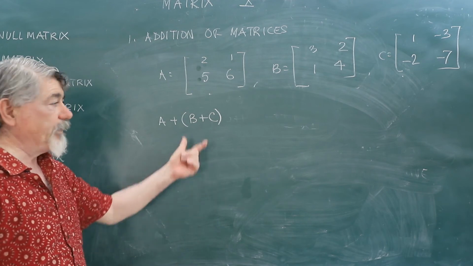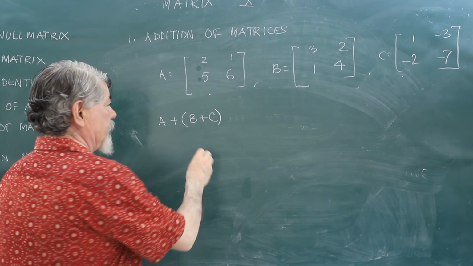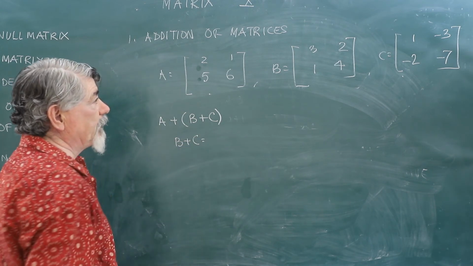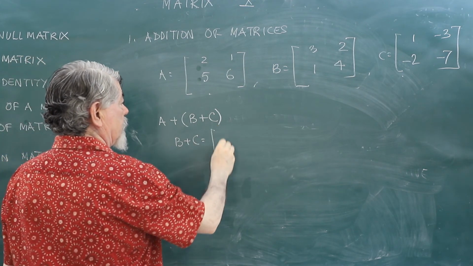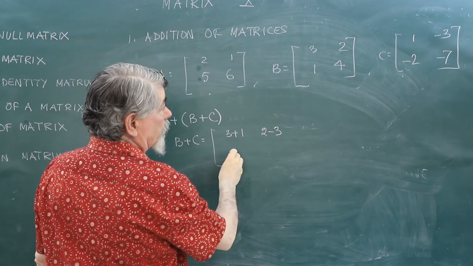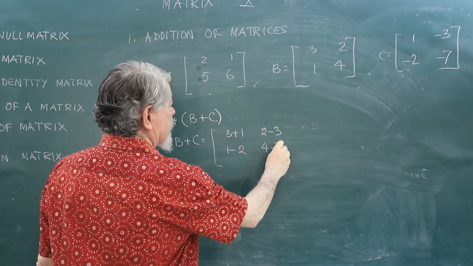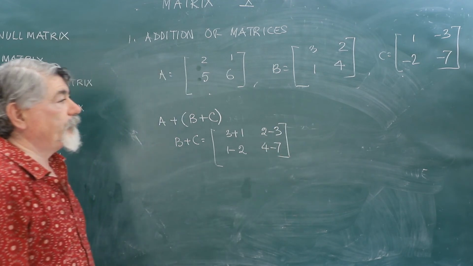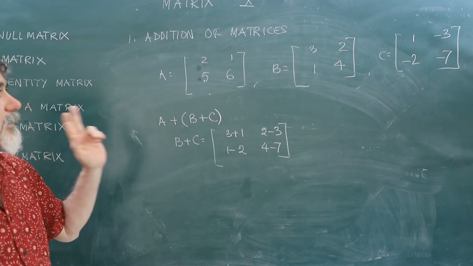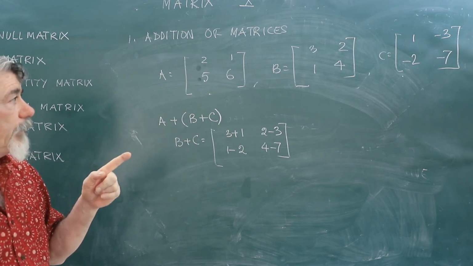That means we add B plus C and then add A to it. Let me add B plus C first. B plus C means 3 plus 1, 2 minus 3, 1 minus 2, and 4 minus 7. We have added the first element of B to the first element of C. Second element of B is 2, second element of C is minus 3, so 2 minus 3.